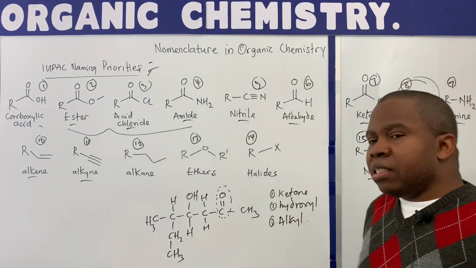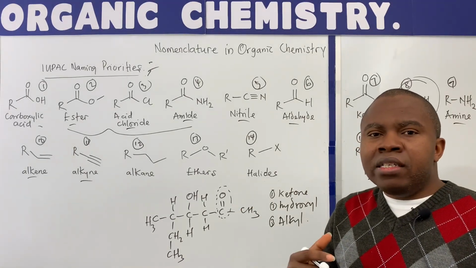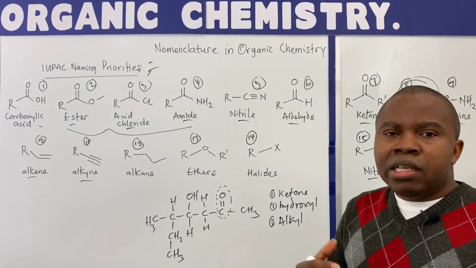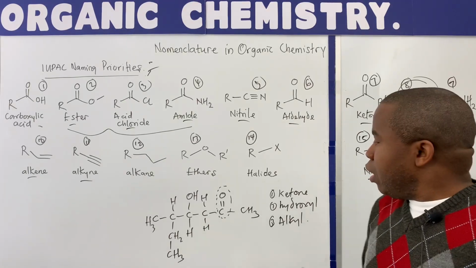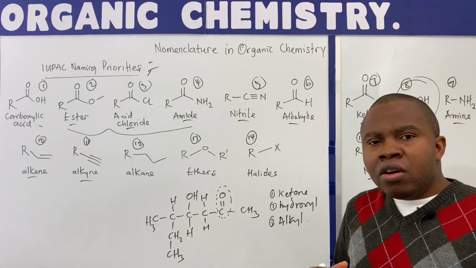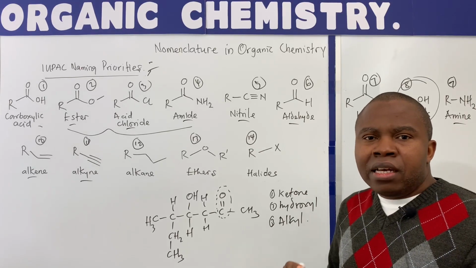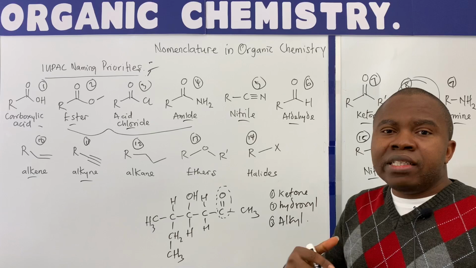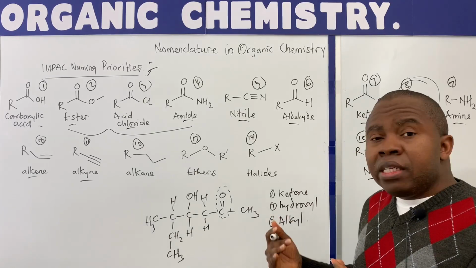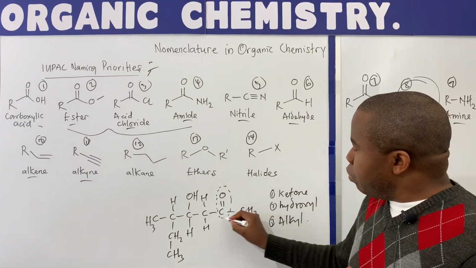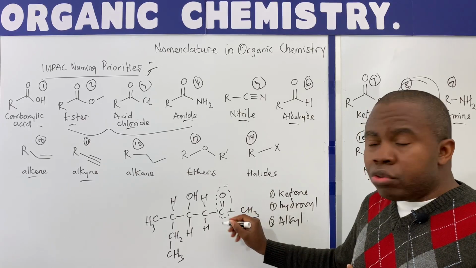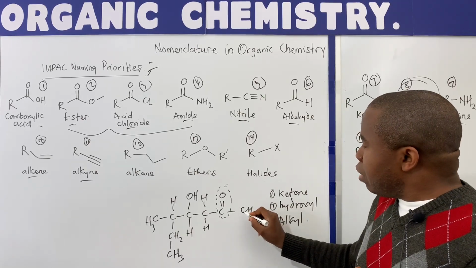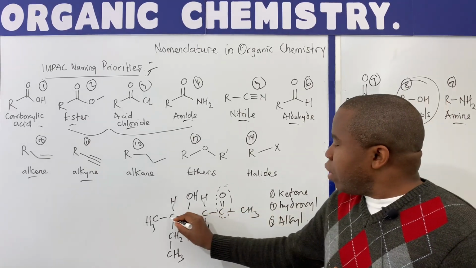And that means that now that we know the compound is in the ketone family, we need to identify the longest carbon to carbon chain that incorporates that functional group of the parent structure. So the functional group is the ketone group, and then the longest carbon to carbon chain is 1, 2, 3, 4, 5, 6.